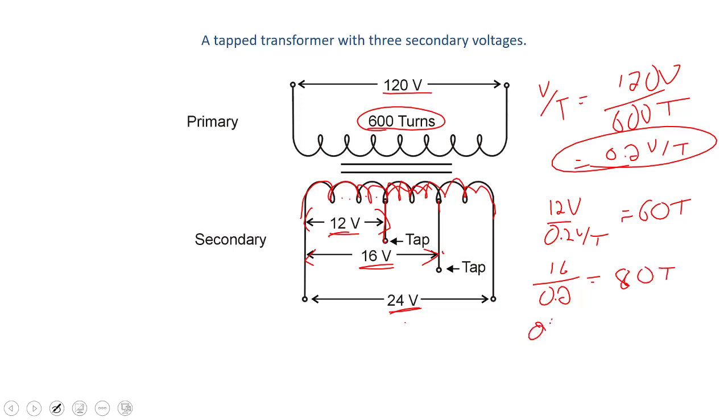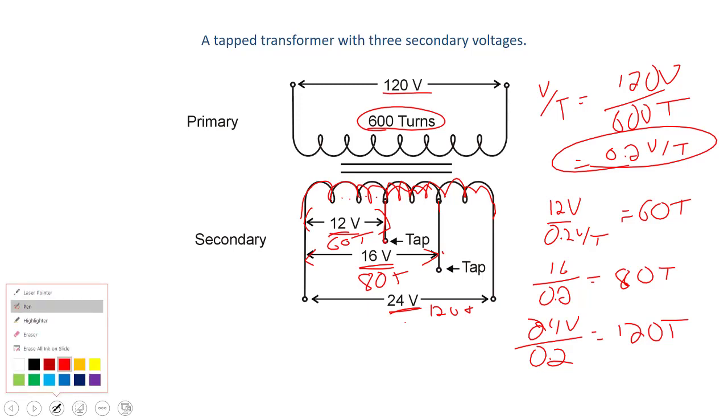And the 24 volt setting, 24 divided by 0.2 is 120 turns. So we have 120 turns here, 80 turns here, and 60 from here to here. As we add turns, the voltage goes up on the secondary. As we take away turns, the voltage goes down. So that's the concept of volts per turn on those multi-tap transformers.